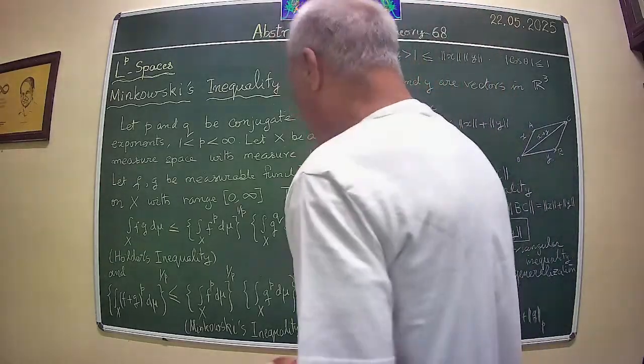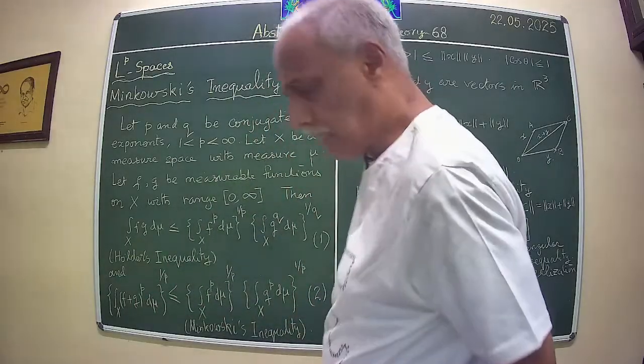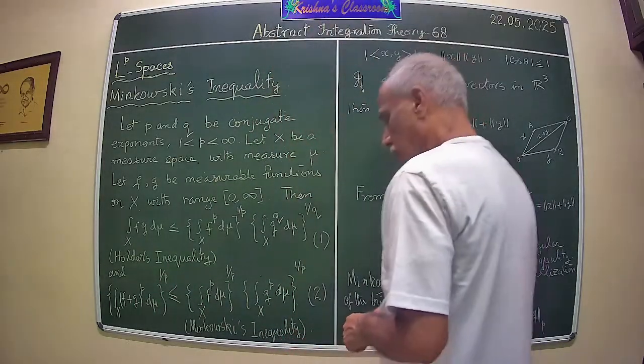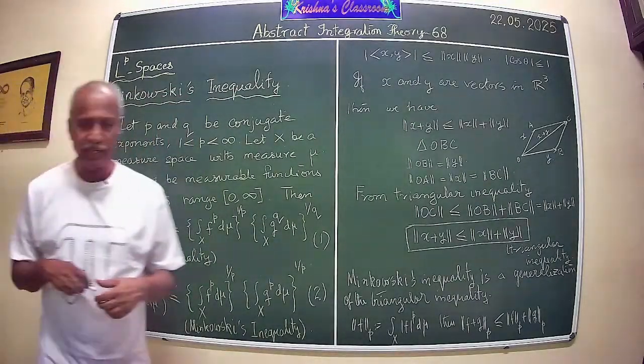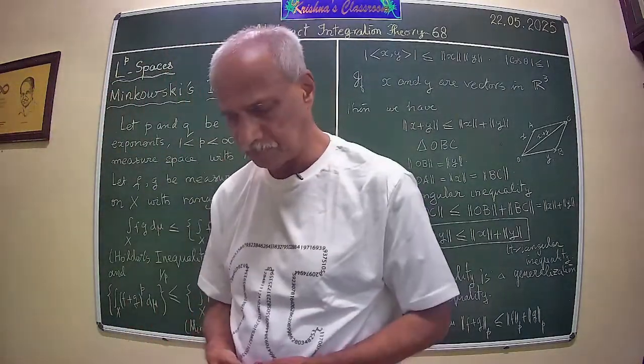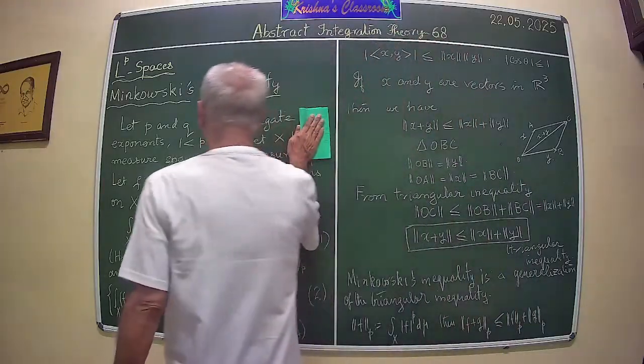Okay. So our task is to prove the Minkowski inequality. Now this follows from an application of the Holder's inequality. How do we apply Holder's inequality? Let me just take this out.